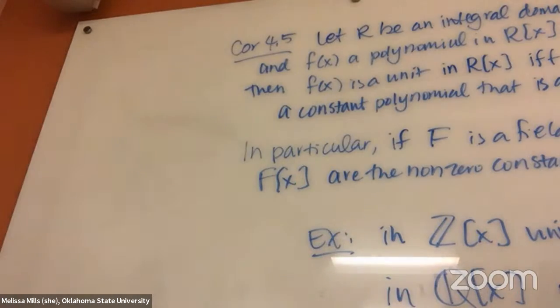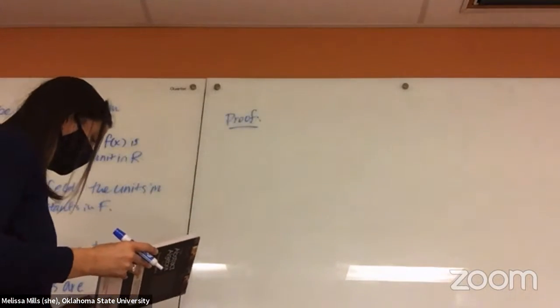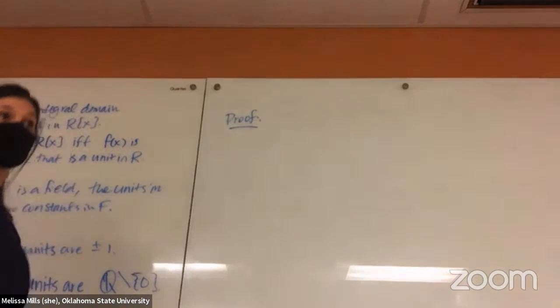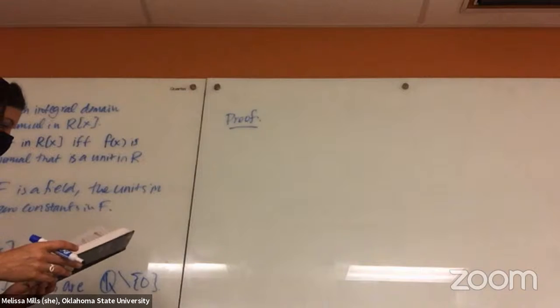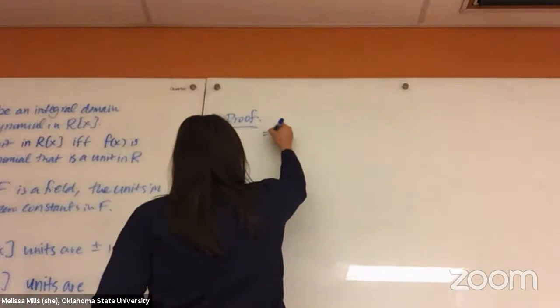Move my thing over here. So for the proof, yes, it is an if and only if statement, right? So we're going to have to go both ways. So we're going to go this way first.